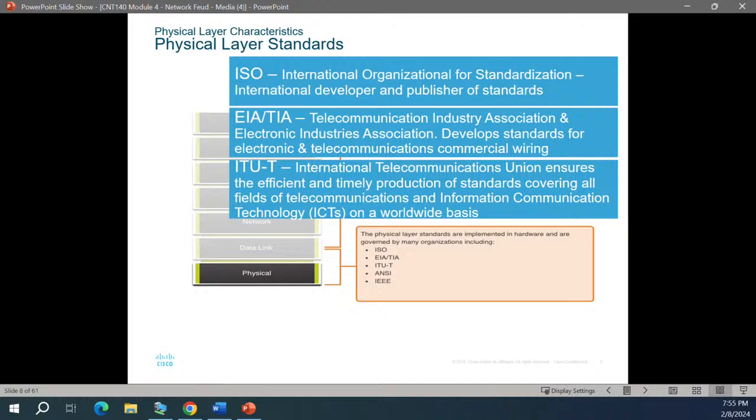And how does it show up on a CCNA exam? Sometimes as a matching question, which are brutal. The matching questions on the CCNA are brutal. I see Chase nodding. I can't explain why they're so hard, but they'll have, let's say, EIA, TIA, the standards organizations, and they're not going to say, it ensures the efficient and timely production of standards.